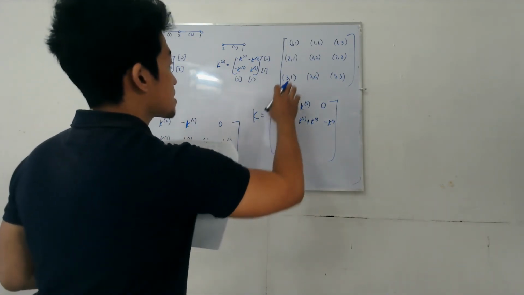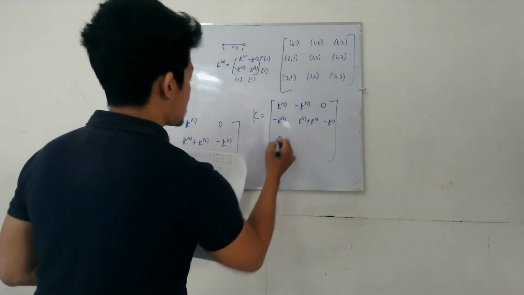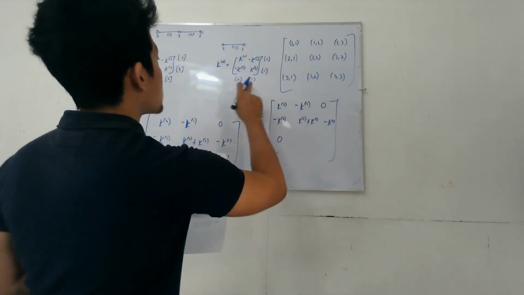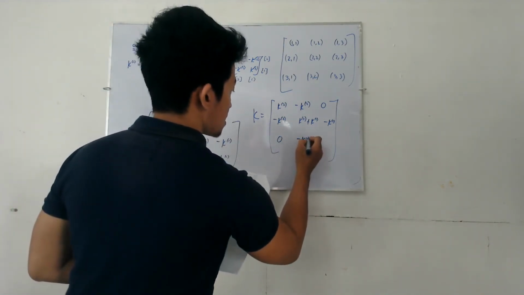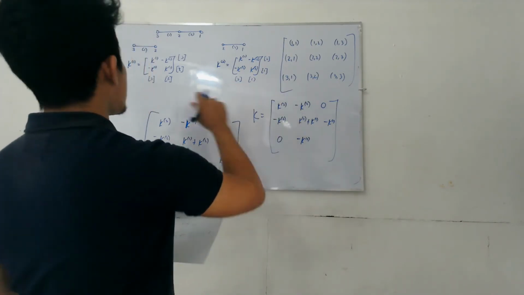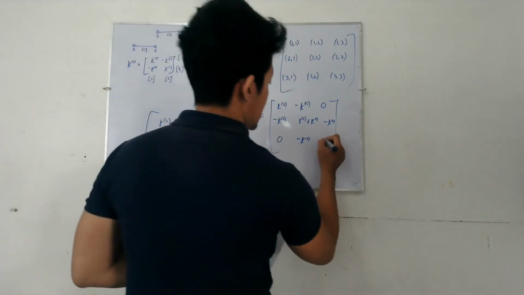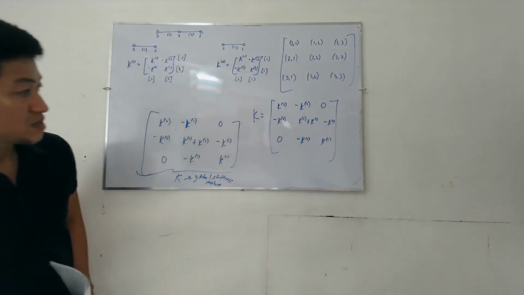And then 3, 1 is 0. 3, 2 is negative K of 1. Then 3, 3 is K of 1. Okay? You can see we have obtained the equation.